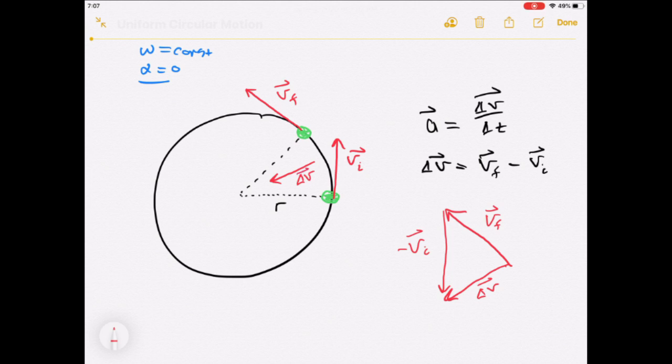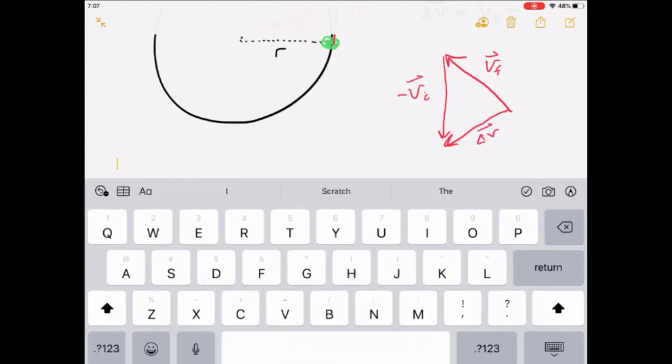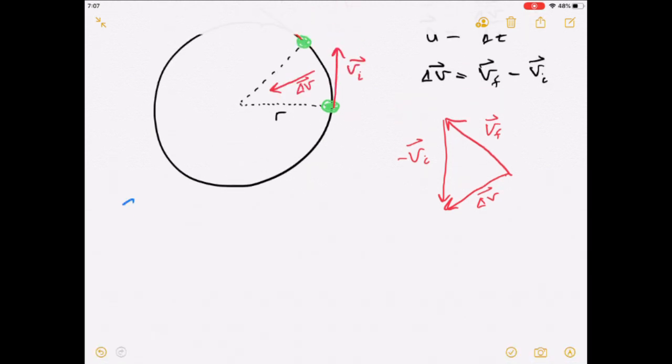So it turns out, again, delta v is the direction of acceleration. So objects in circular motion are accelerating toward the center of the circle. We call that acceleration centripetal acceleration. Let's write that over here. Centripetal acceleration.